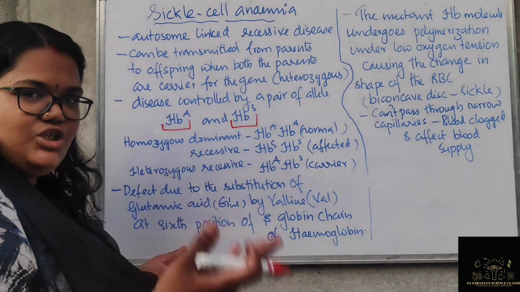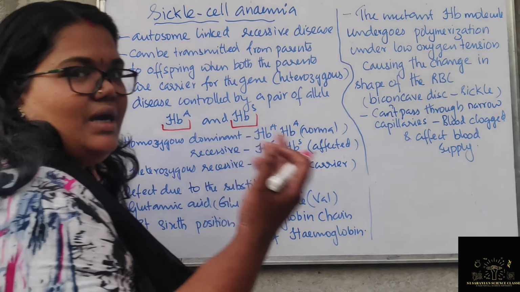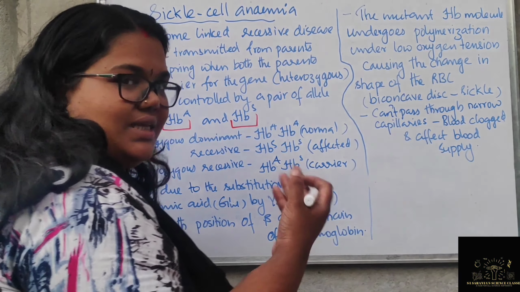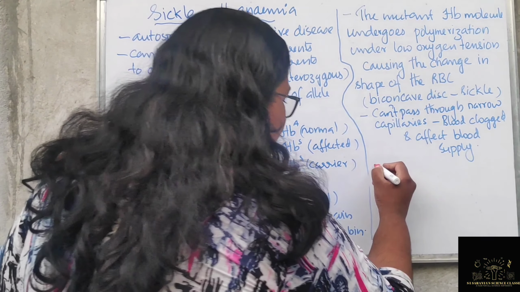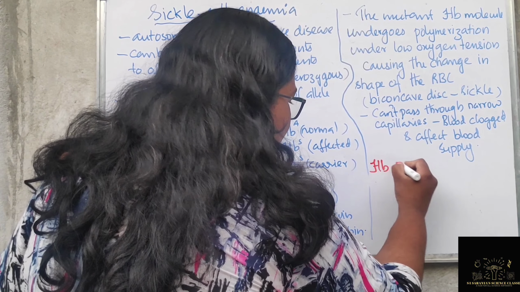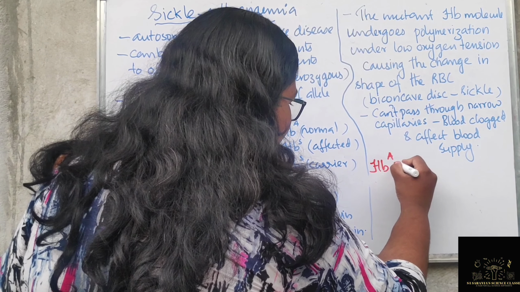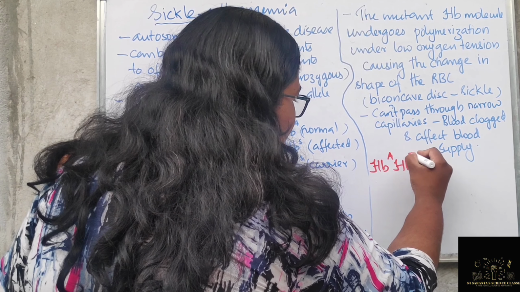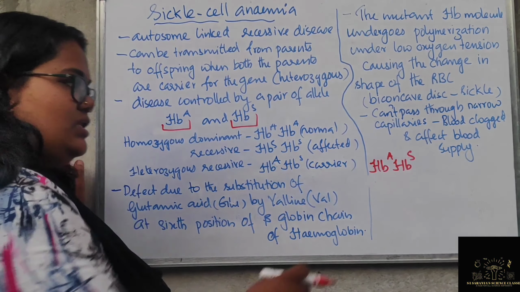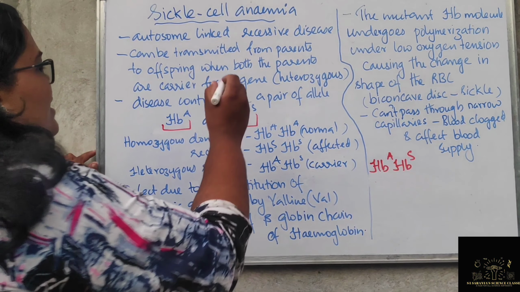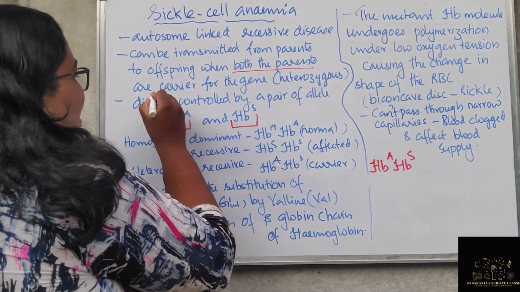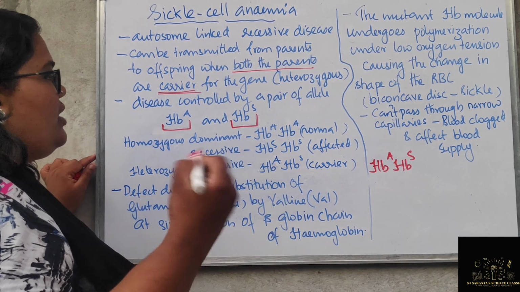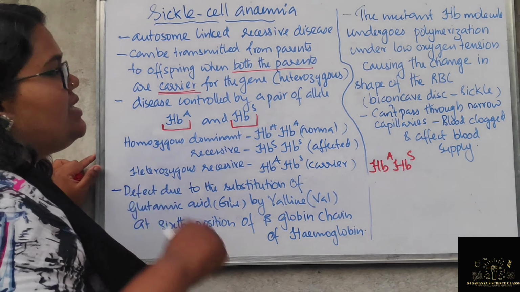Now how the person will become sickle cell anemic, that we are going to discuss here. You can see that HbA, which is the normal one, and another one HbS, which is the sickle cell. So this is one parent. We told that both parents must be carriers, then only the next generation will have sickle cell anemia.